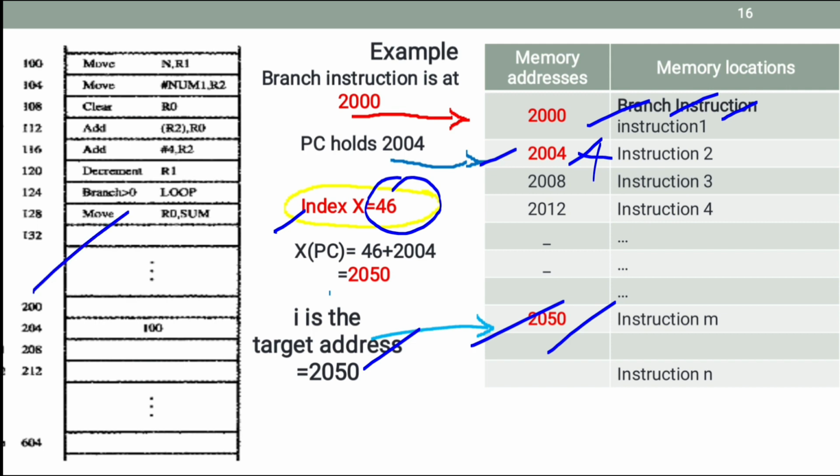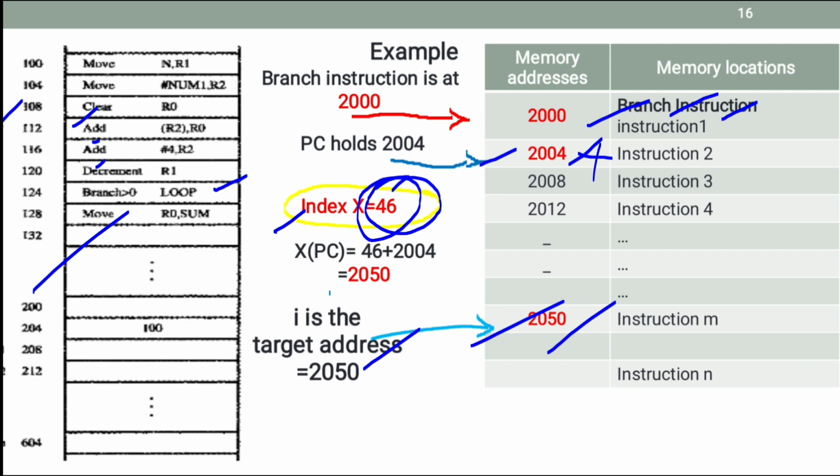Here if you consider this program, the loop label is here. So branch greater than 0 means the condition is checked. If it is true, it will jump back. So 1, 2, 3 instructions back means minus 12. The offset will be minus 12 here.